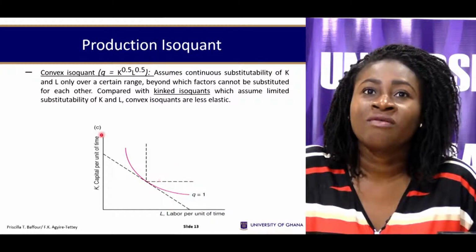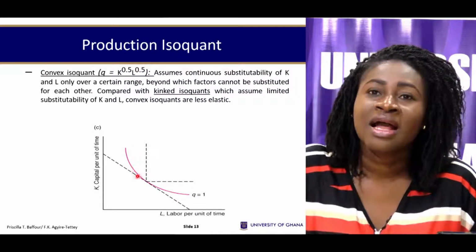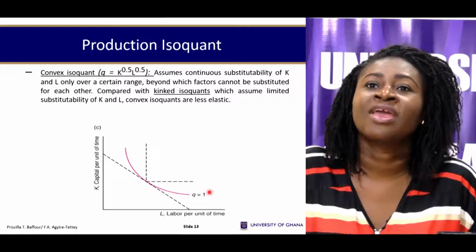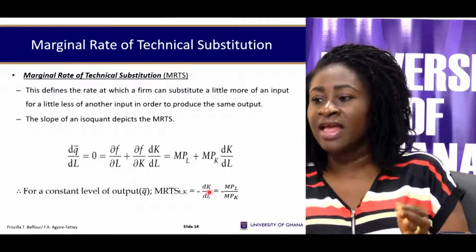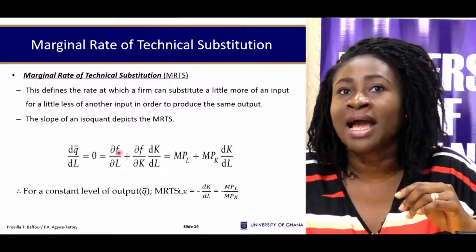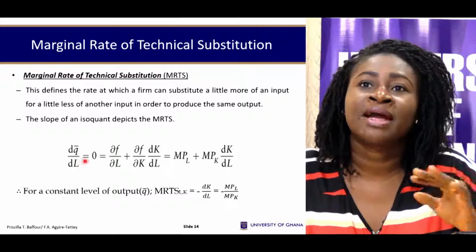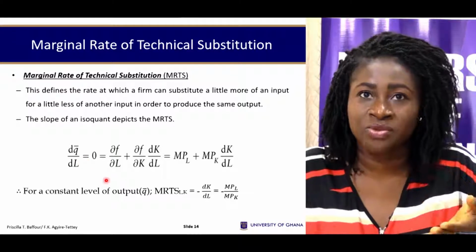But with your convex isoquant, the firm can substitute capital for labor along a given isoquant, right? Or in terms of the marginal rate of substitution, we want to look at how capital and labor can be substituted for each other, and that will give us the slope of the isoquant, right?